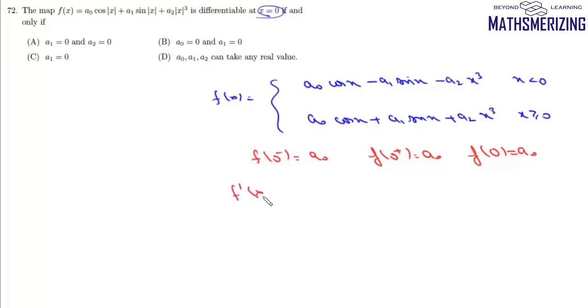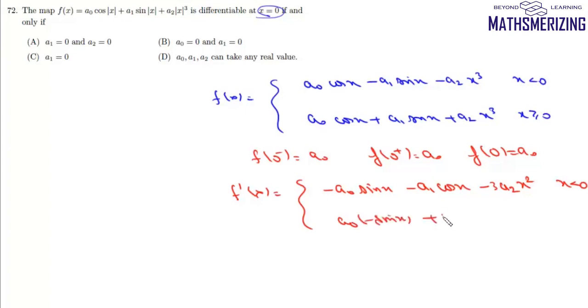Now we'll differentiate this function. We can write this as minus a0 sin x minus a1 cos x minus 3a2 x square when x is less than 0, and it'll be minus a0 sin x plus a1 cos x plus 3a2 x square when x is greater than 0.